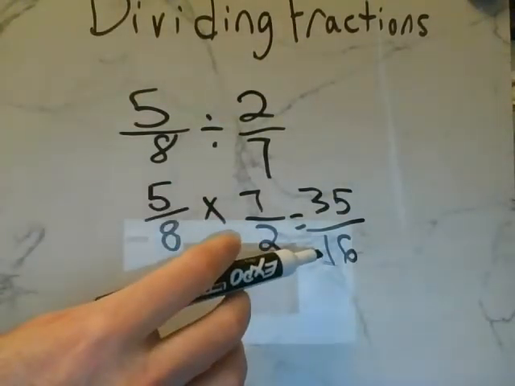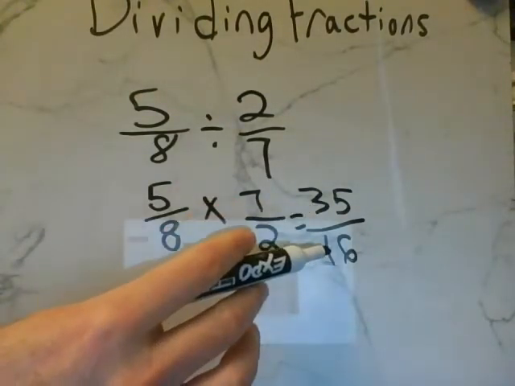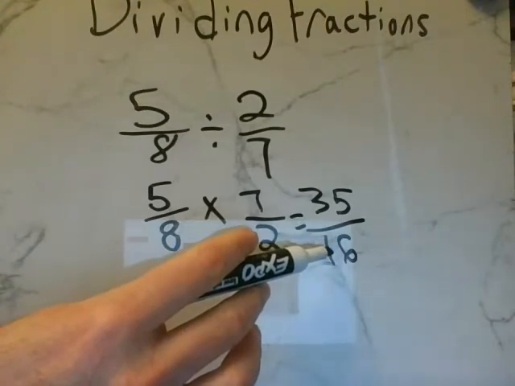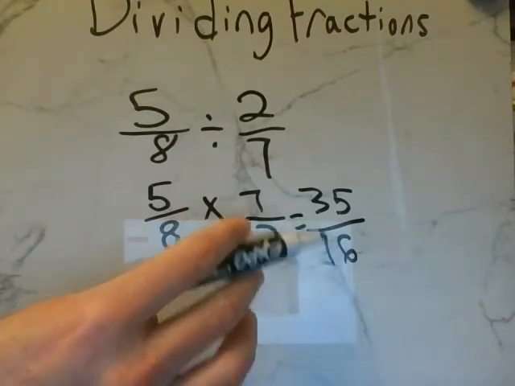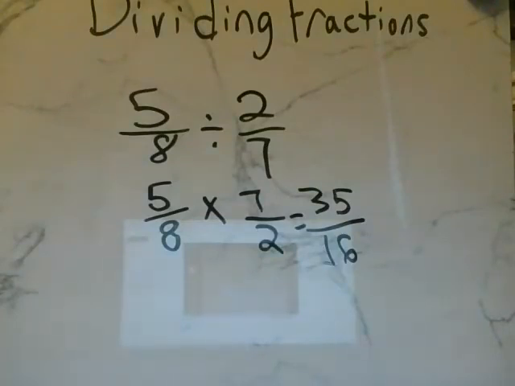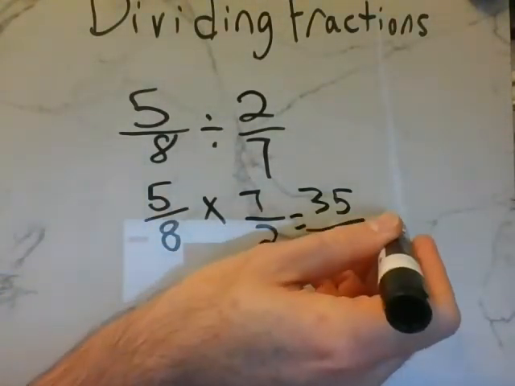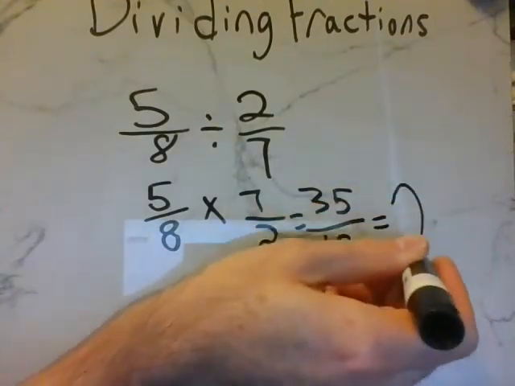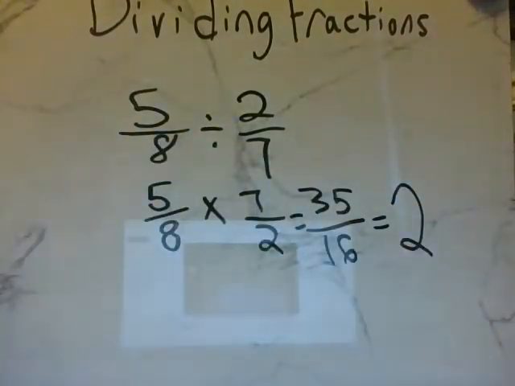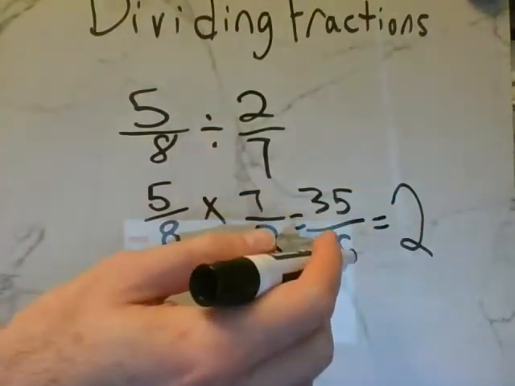Well, 16 times 2 is 32. 32 can be subtracted away from 35, so we say okay. So 16 can go into 35 twice. 16 times 2 will be 32.